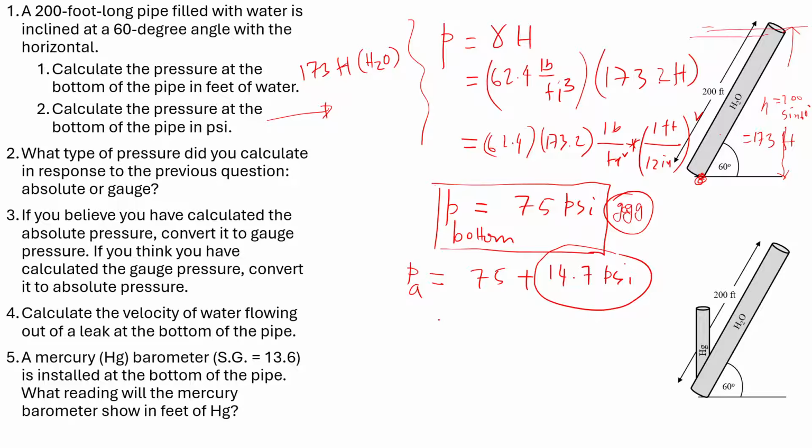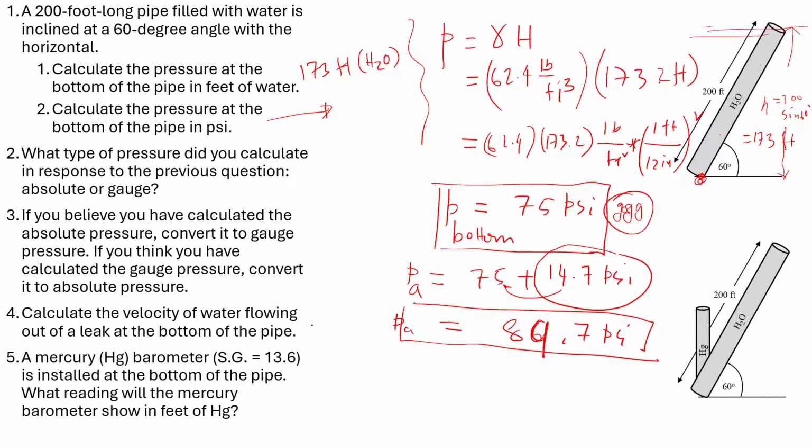There is a video on that, how this 14.7 is developed coming from the air on top of us. So basically the absolute pressure would be simply adding these two numbers, which is 86.7. Well, no, that's going to be 89.7 psi absolute pressure.